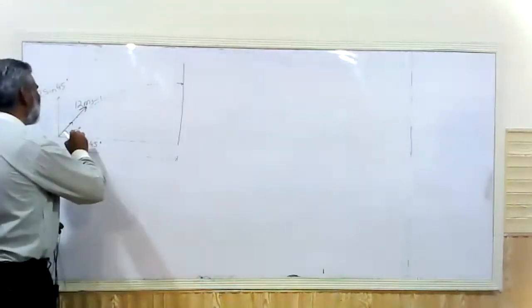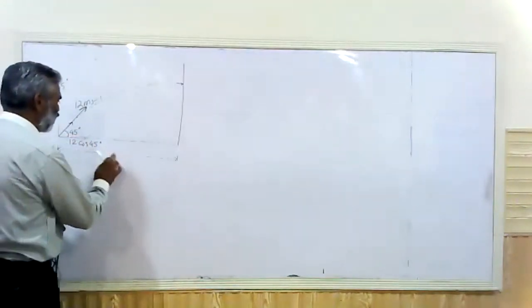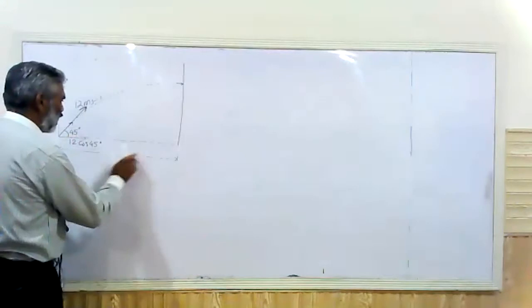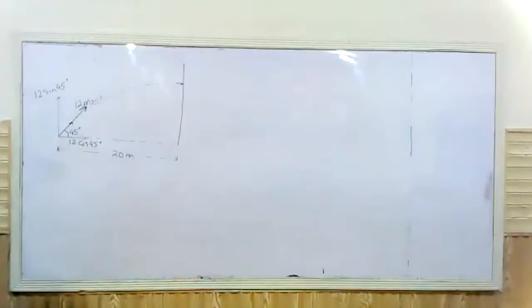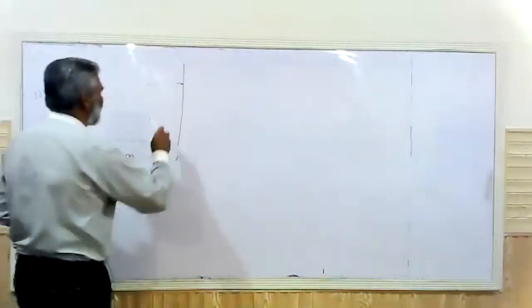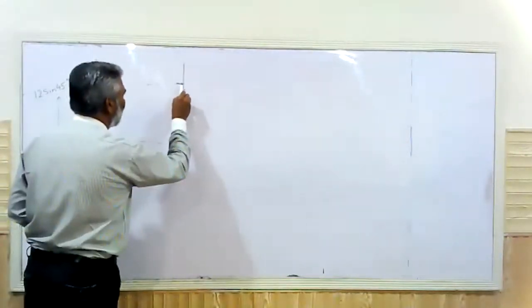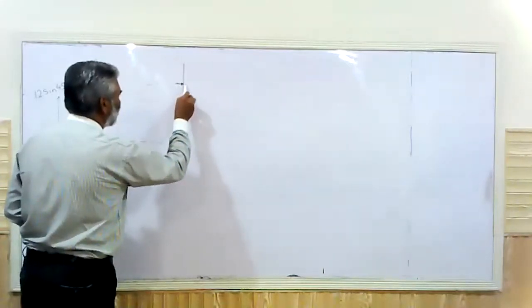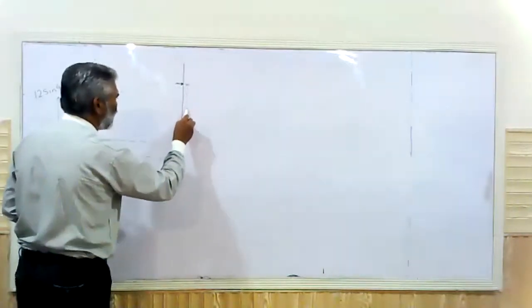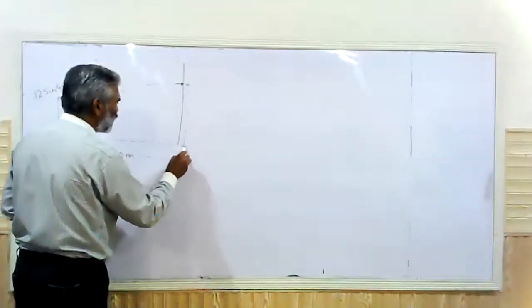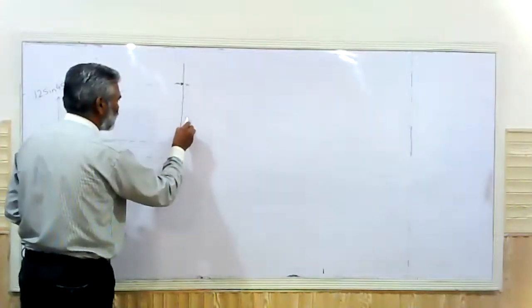If they tell us that this wall is 20 meters away from this point, and it gets exactly horizontal when it hits, that means we can estimate the maximum height to which it has risen.